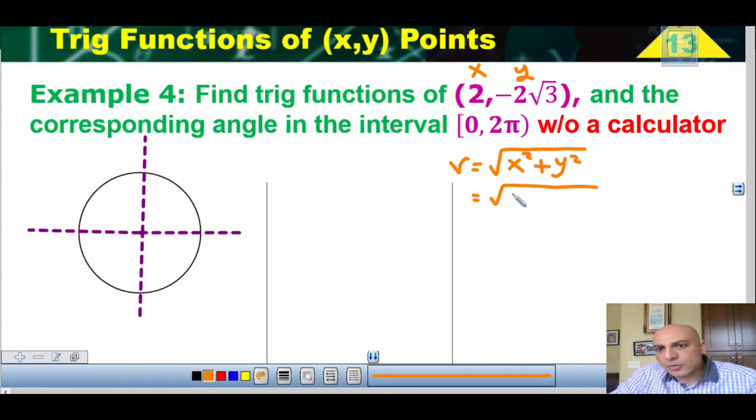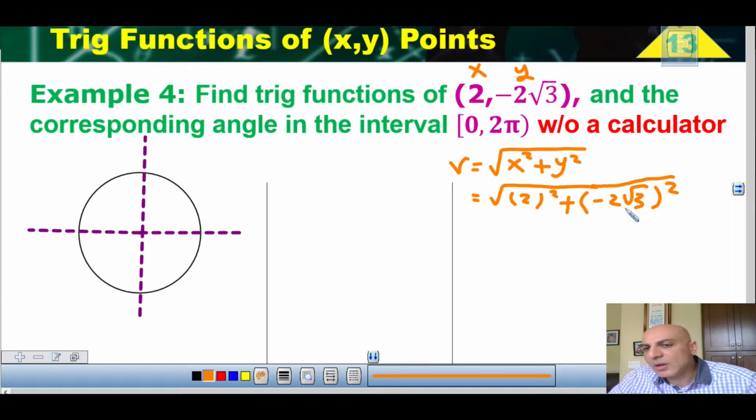I have 2 squared plus, be careful with the negative 2 square root 3, squared. I shouldn't say be careful, because you don't really have to be careful, since there is a square anyway. If there is a square, it's going to square the negative, which is going to give you positive.